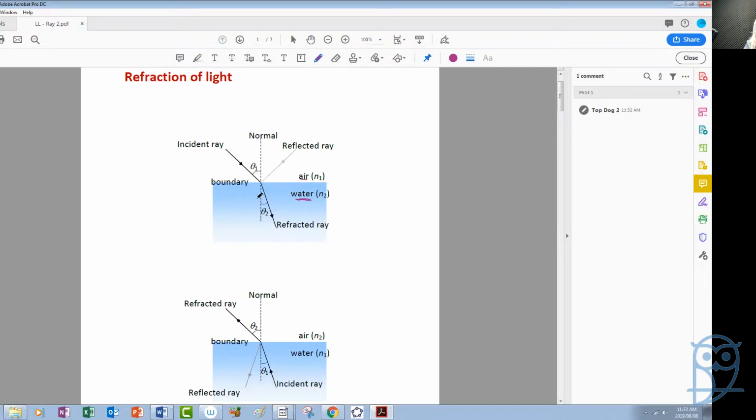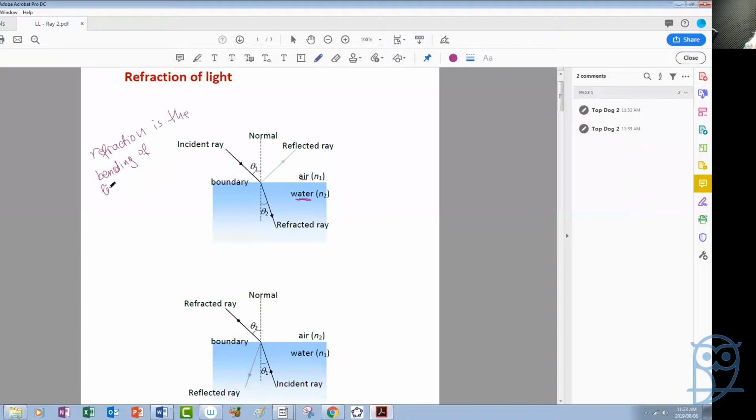So it bends. This bending of light is the phenomenon that we call refraction. So refraction is the bending of light when it meets a different medium.